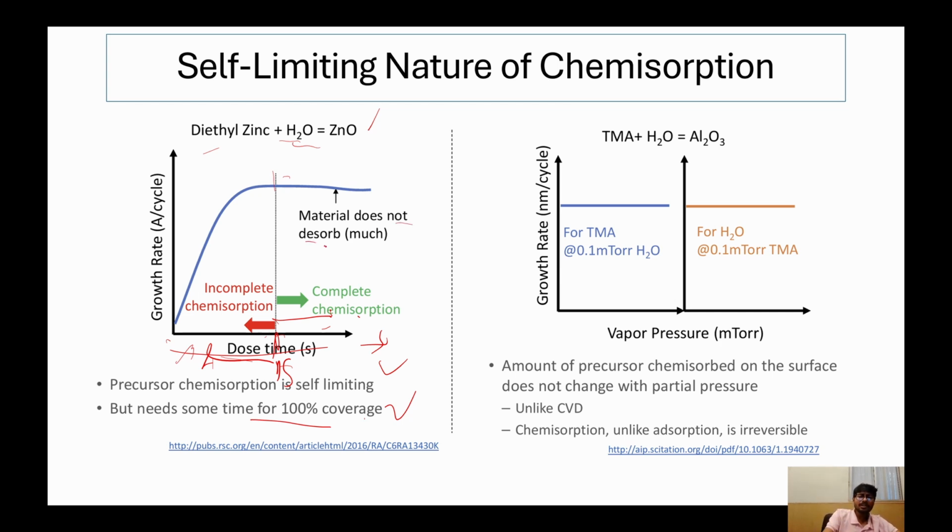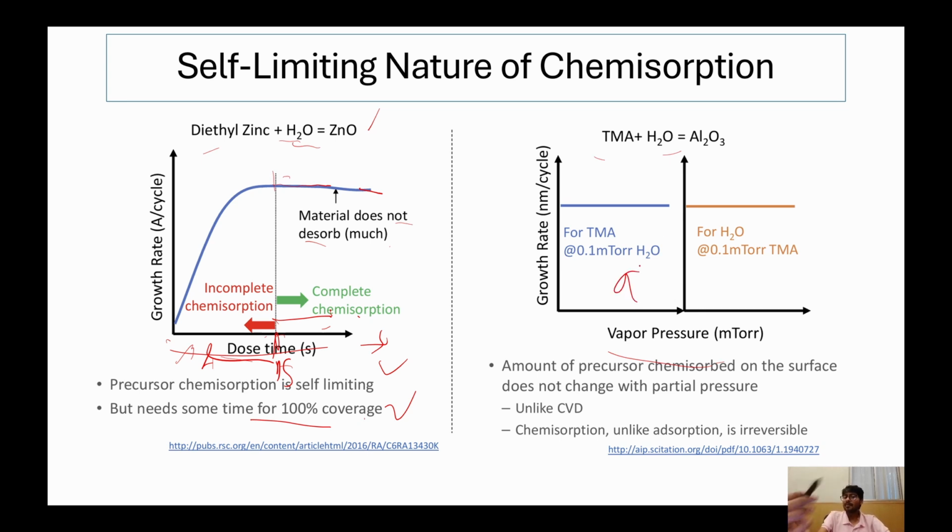The material does not dissolve much. As you can see, it is decreasing a bit, but not that much, because it is chemically attached to the substrate. If it were physically attached, it would have gone out during that pulse cycle. Another thing: if you are giving TMA, this is the dose time and this is the vapor pressure you are keeping.